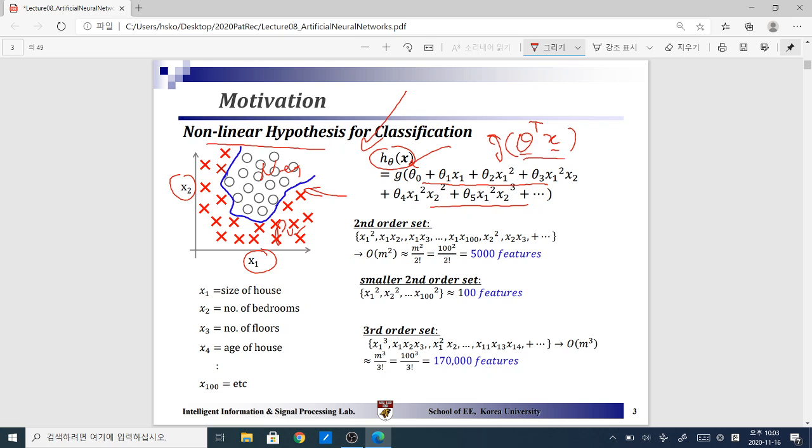Now, inside of this bracket, as you can see, is a linear relationship between the parameters and its corresponding feature.